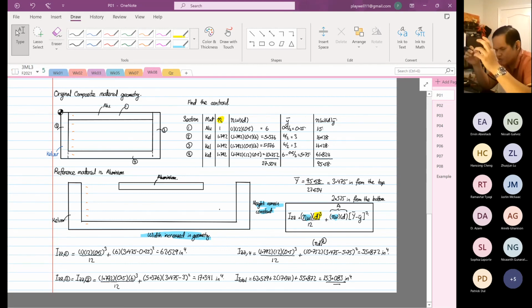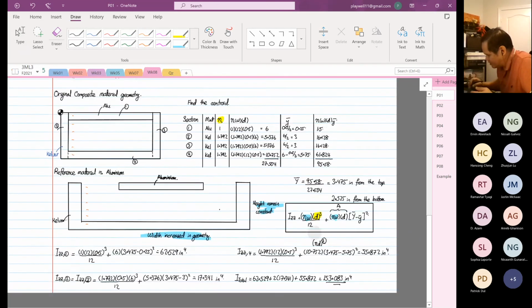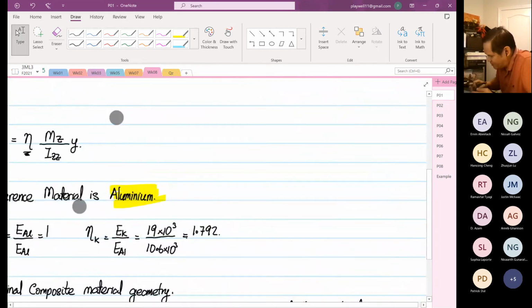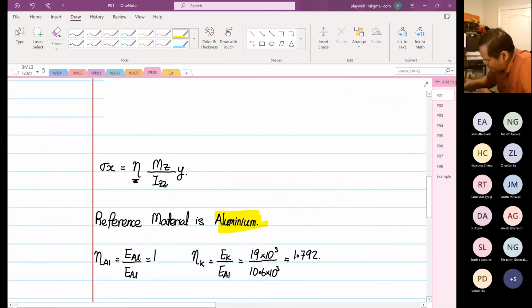So I'm going to introduce to you, since we're in composite material, how will composite material behave, right? Is it as simple as bending? So this is due to bending, right? We can see down here that this is due to bending, so bending is straightforward. You just put a coefficient in front and you run with it.